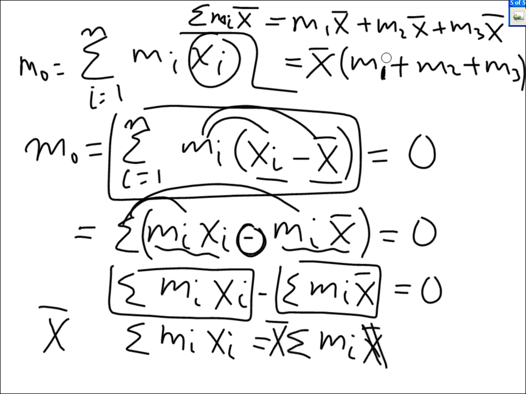Now, what's in that bracket I can write as a summation. It's the summation of mi. And like I said, this x bar can come in front.